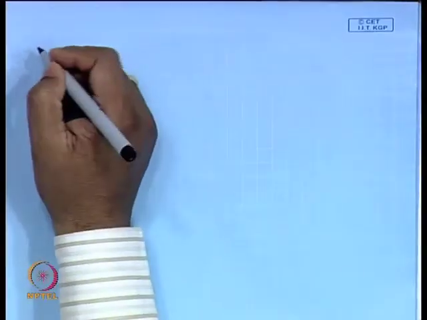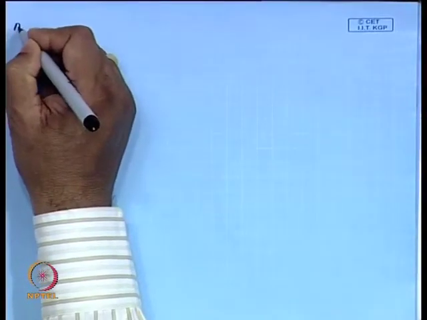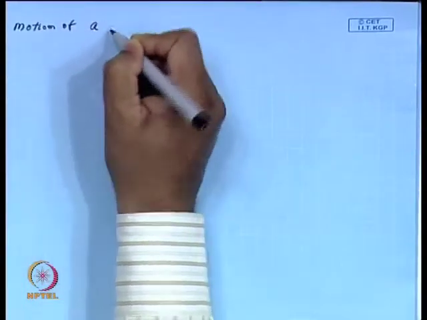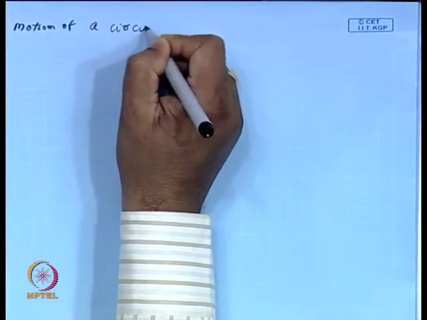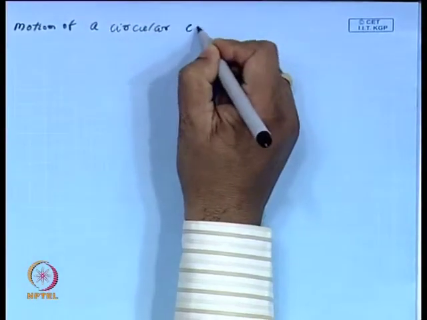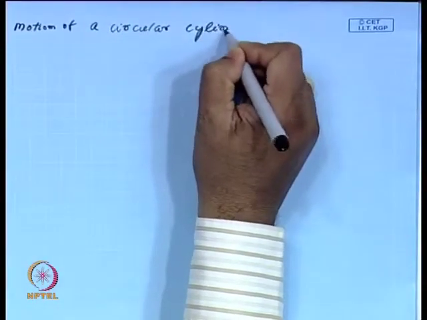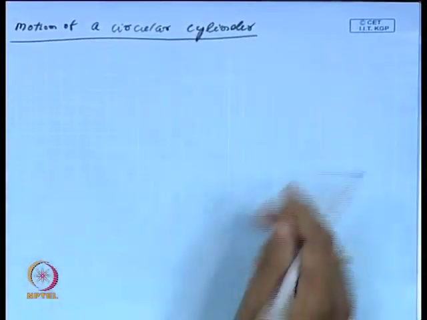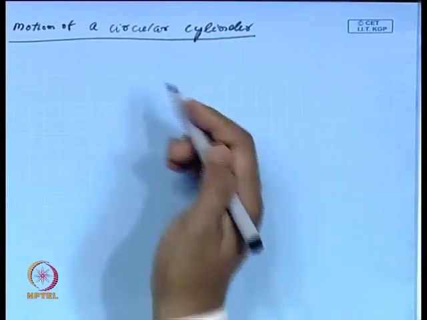So, first we will start with the motion of a cylinder in a fluid in this series. Motion of a circular cylinder. This approach I will take a very general approach.